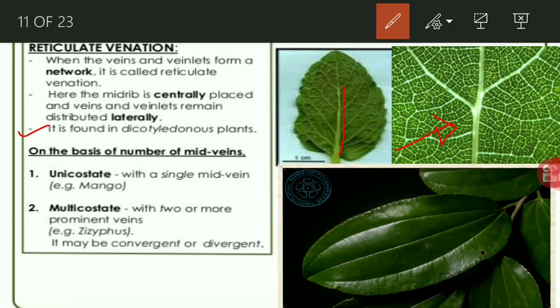On the basis of the number of midveins, it is divided into two types: unicostate reticulate venation and multicostate reticulate venation. Unicostate is when you can see only a single midrib, like in mango, and multicostate venation means when you can see two or more prominent veins. Example is Ziziphus.